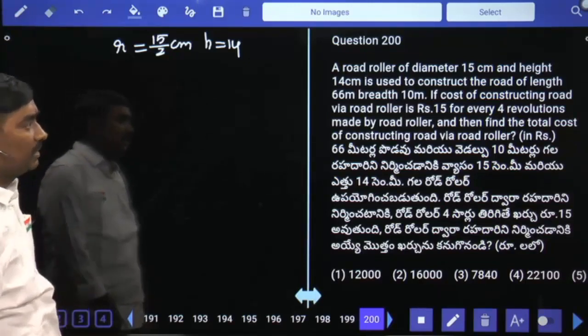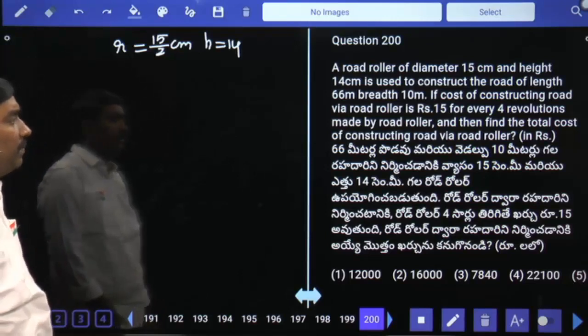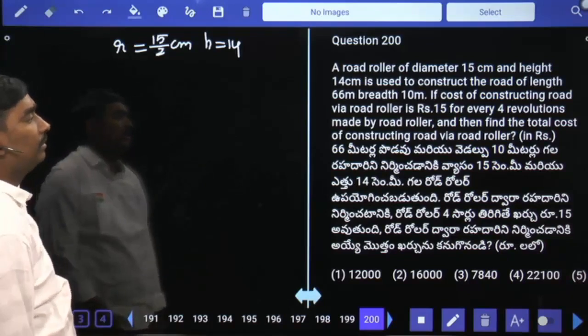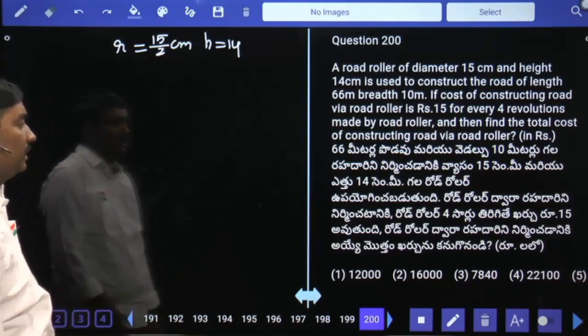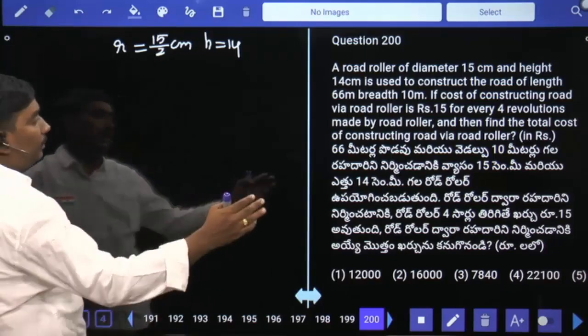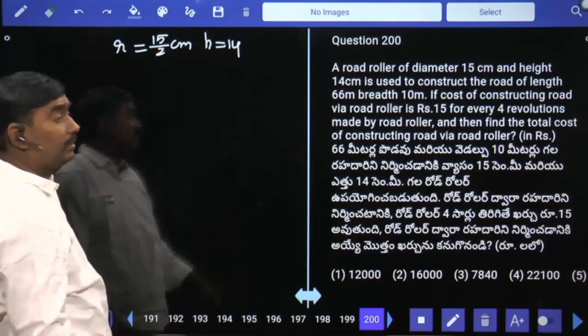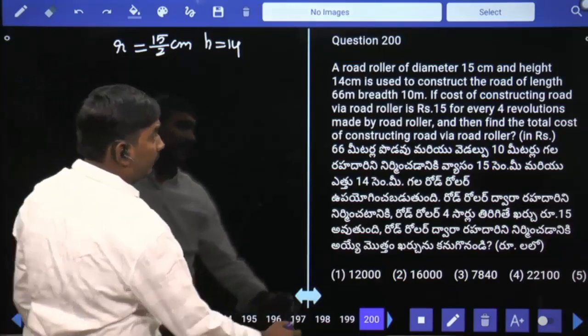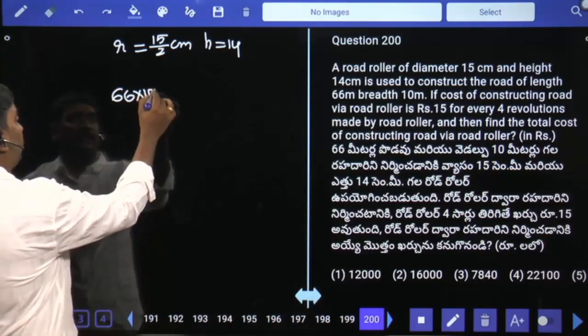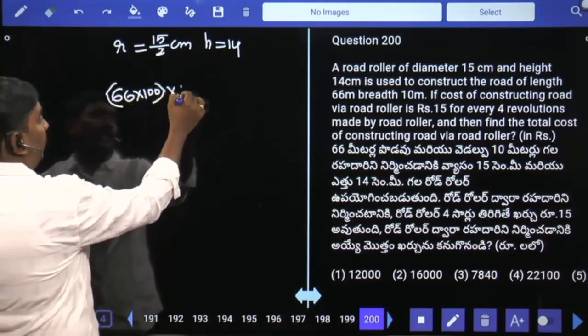If the cost of constructing road via road roller is 15 rupees per every 4 revolutions made by the road roller, then find the total cost of constructing road via road roller. First of all, to smoothen the road, how many number of revolutions required? Area of the road 66 meters converted into centimeters into 10 meters.